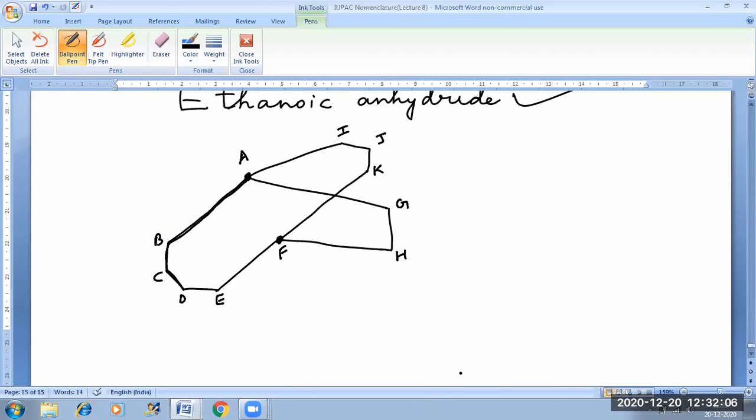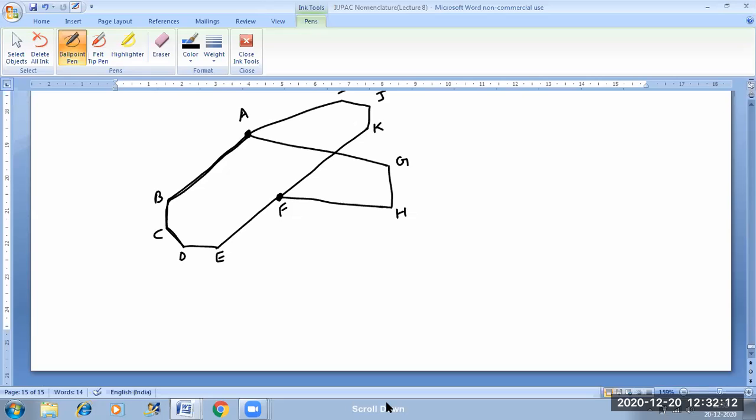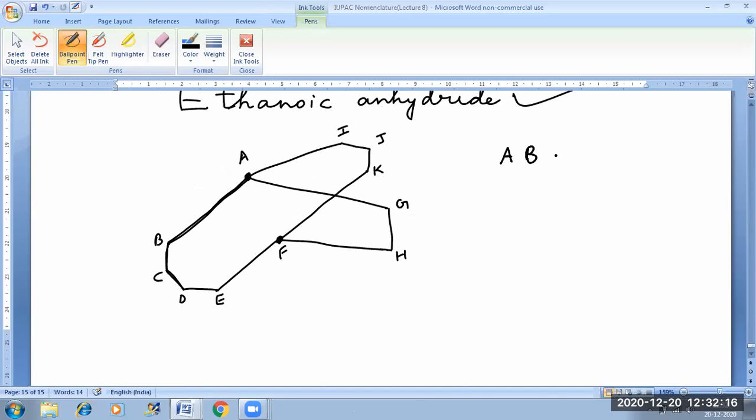So which is the larger? This is the larger ring.